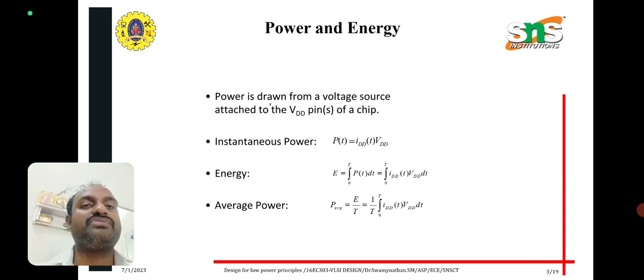Power is drawn from a voltage source attached to VDD, the power supply, and the energy is E is equal to integral from 0 to T of P of t dt, that is IDD of t into VDD dt. From this equation you can get the average power: P average is equal to E by T.